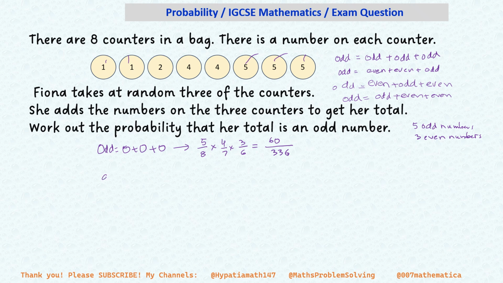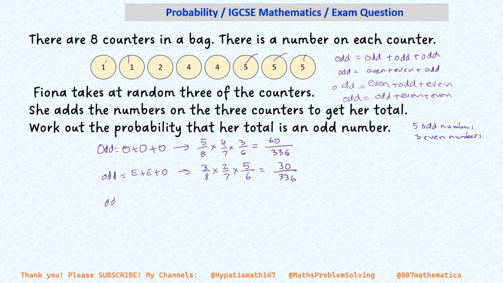Then we'd work out the next one. We said it's even plus even plus odd. There are 3 even numbers, so 3 out of 8 first, multiplied by, one number is gone, the remaining 2 out of 7, multiplied by, the odd numbers are all still there, so 5 out of 6. So we would get 30 out of 336.